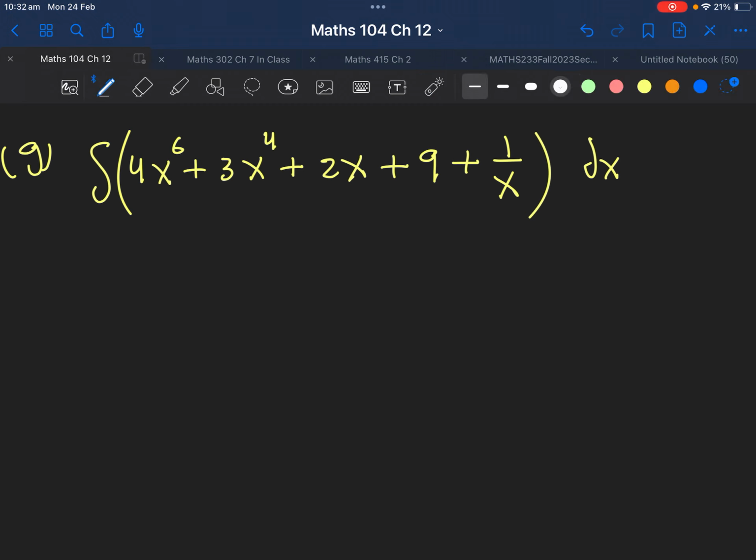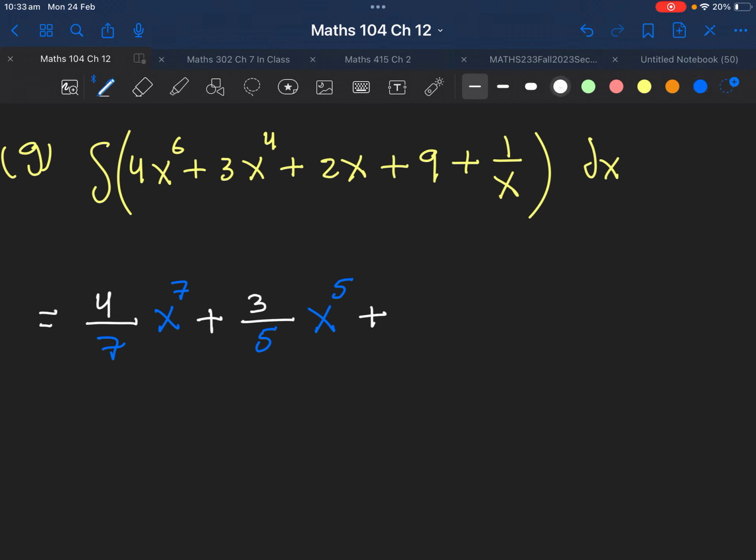So the answer for this question would be just 4 times x to the 7 divided by 7. This is the first one I find the integral of. Plus 3 times x to the 5 divided by 5.